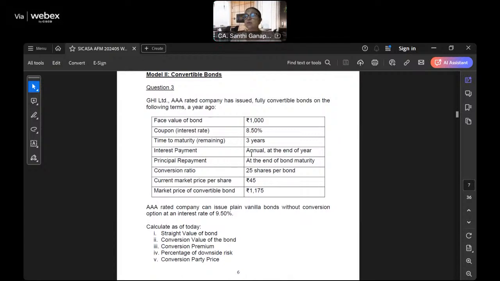So straight value of the bond, meaning what should be the intrinsic value. Then conversion value of the bond. Straight value of the bond means, had it been a bond without the conversion option, what would be its price? We will look at each one of these. We are clear, isn't it?